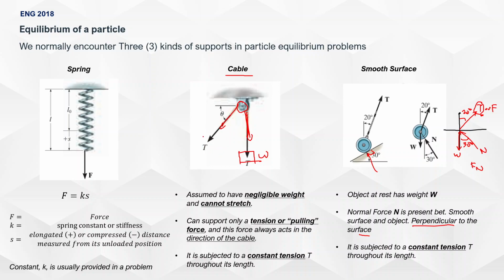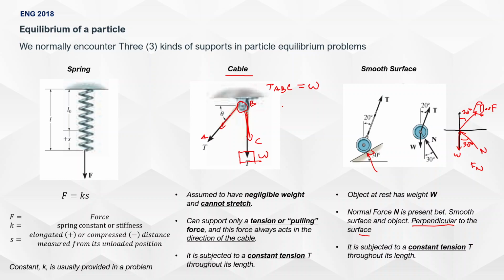Let's add letters A, B, C. Since this is assumed to be an equilibrium particle, and this cable, we will neglect its weight and it cannot stretch, meaning the cable or the pulley is always subjected to a constant tension T, meaning the tension at A, B, C all throughout here is equal to the weight it's carrying.